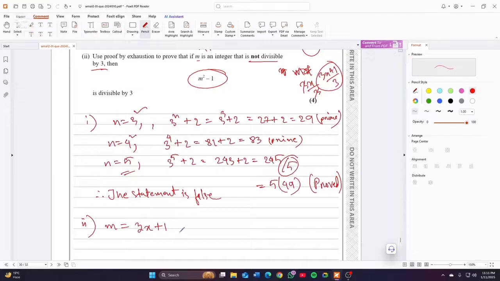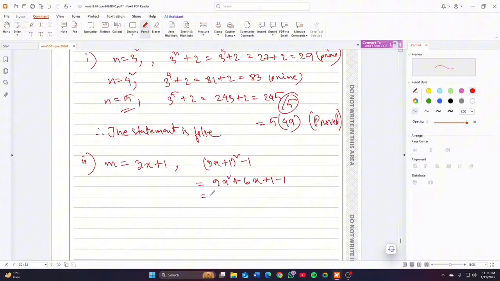So if we take 3x plus 1, and input the value of m in this expression, 3x plus 1 whole squared minus 1 will give us 9x squared plus 6x plus 1 minus 1, and this is 9x squared plus 6x.